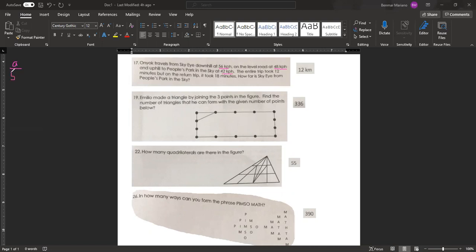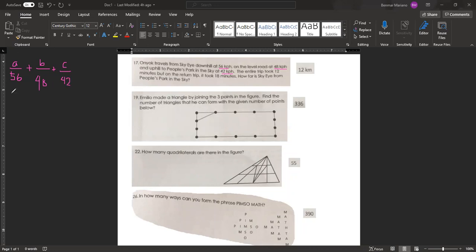This is actually the formula for the distance: distance over speed is equal to time. Okay? A over 56 plus B over 48 plus C over 42. So again, A, B, and C are the distances.